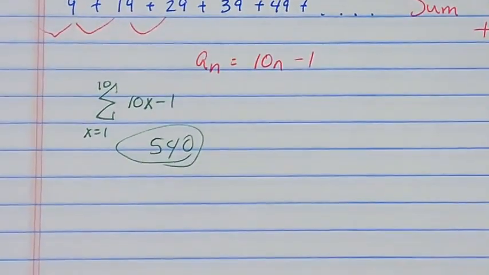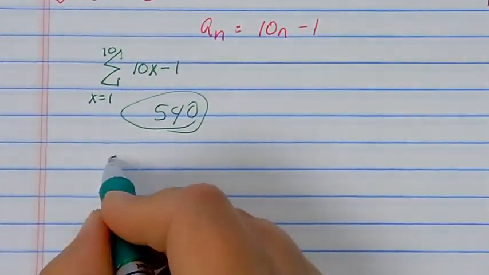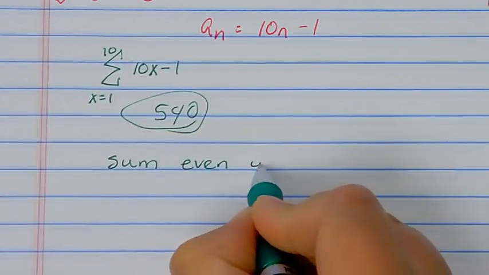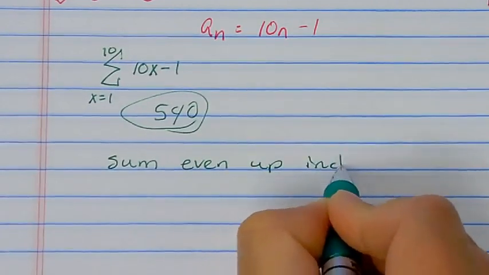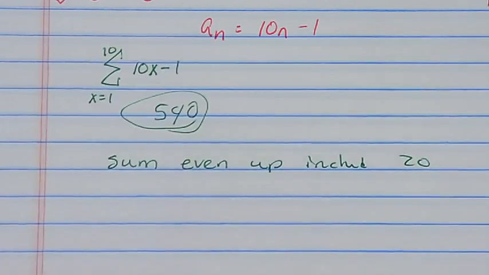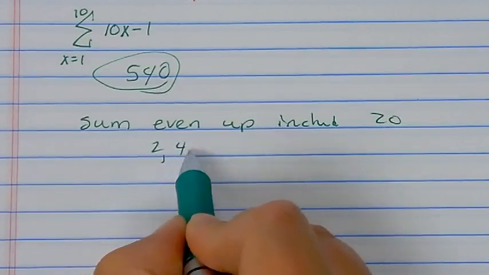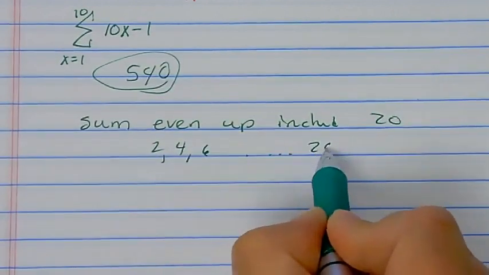So let's kind of think outside the box here. What if I wanted to find the sum of the even numbers up to and including the number 20? So I know that I would have the number 2, the number 4, the number 6, all the way up to number 20.